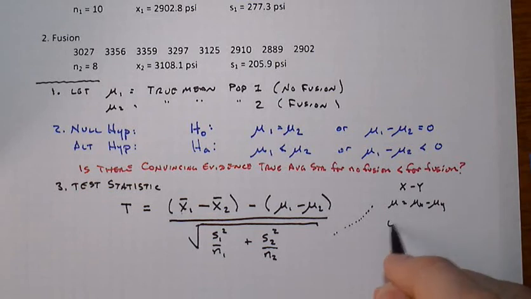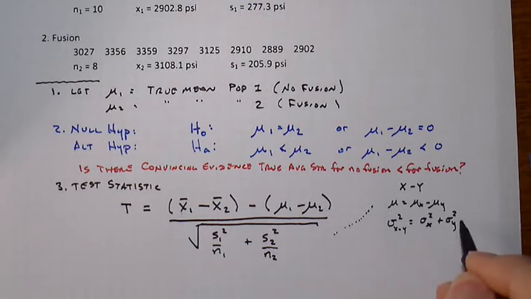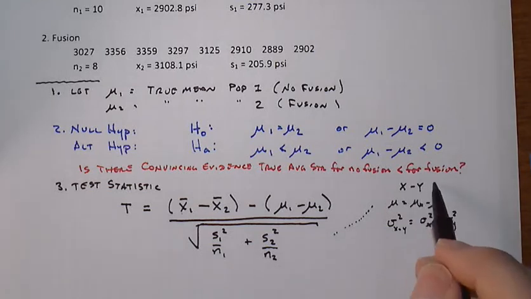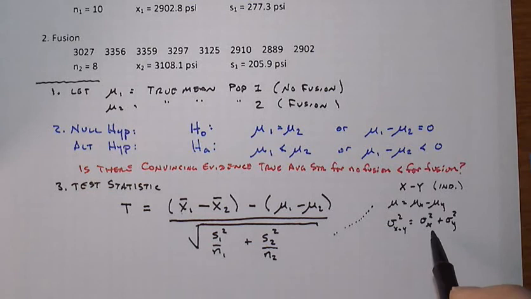The variance of that difference, x minus y, would be equal to the variance of x plus the variance of y, plus 2 times the correlation coefficient times sigma x times sigma y. If these two are independent, and we're certainly going to assume that with two different populations, then the covariance will be 0. So no covariance term, no mixed term sitting out here.